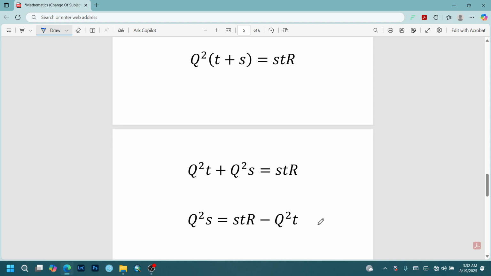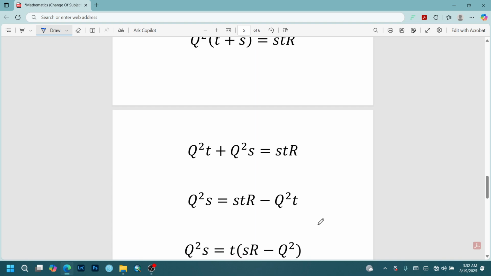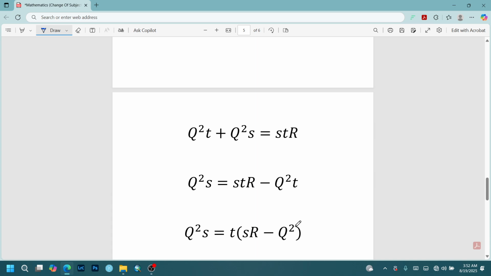So here we have to factor out the common factor, right? So among str minus k squared t, the common factor is t, right? So we factor out t here as demonstrated here, right?